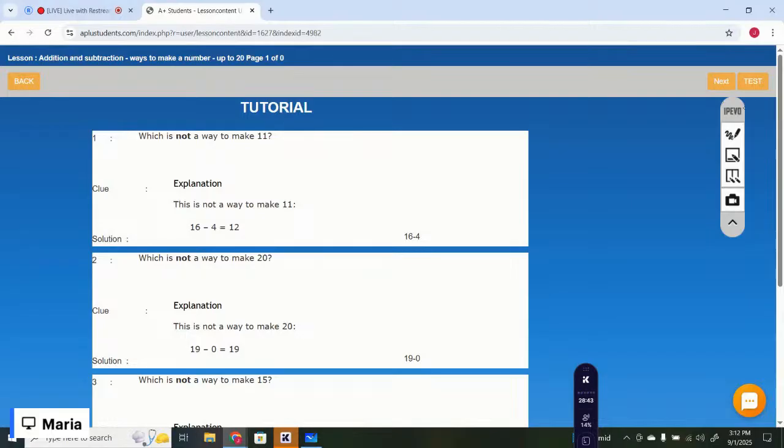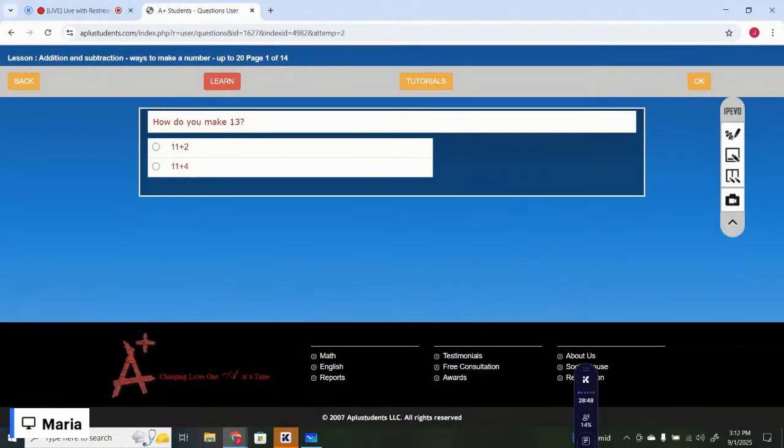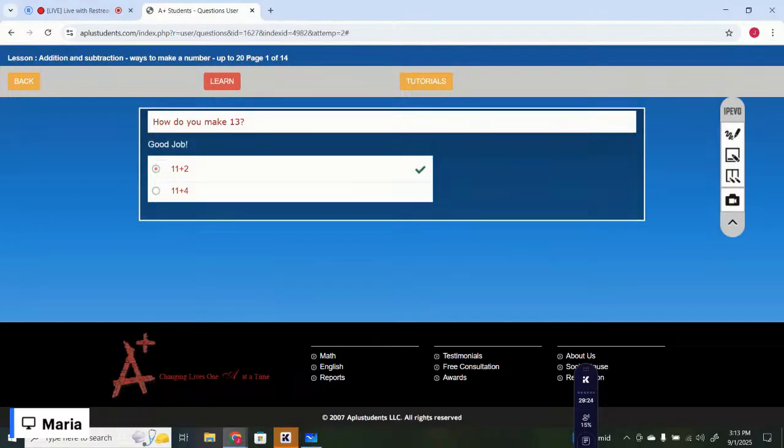Basically, we are given the choices, like options. You need to check which option makes 11. Like here you have, how do you make 13? So 11 plus 2 makes 13. Option number 1 is the correct option.